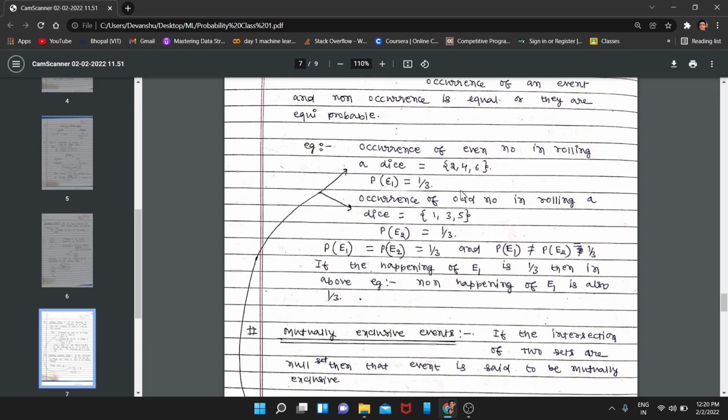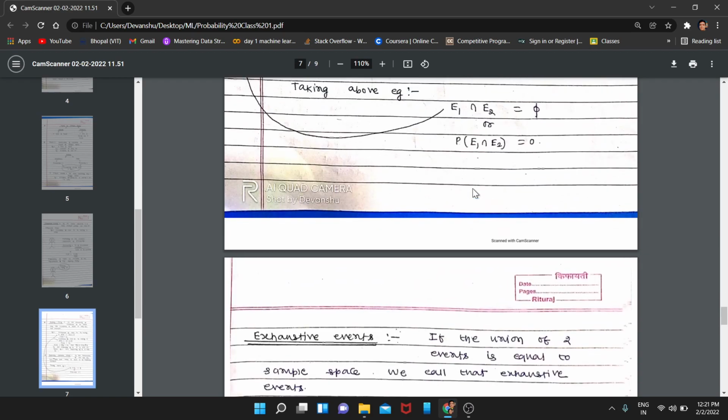Is there any common element? No, 1 is not there in event even, 3 is not there in event even, 5 is not there in event even. So we will say there is no common element, there is no intersection. So the intersection of event E1 and E2 is the null set, and the probability of intersection is 0. These are the events which are known as mutually exclusive.